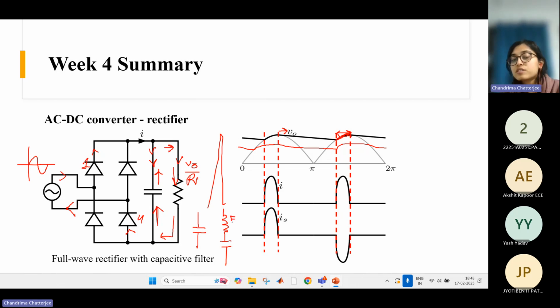Although this series resistance value is usually very small, due to the presence of this ESR there is some small portion of dissipation that happens here. Ideally it should be zero, but practically some small amount of dissipation happens. Similarly, ideally there is no dissipation in an inductor also.